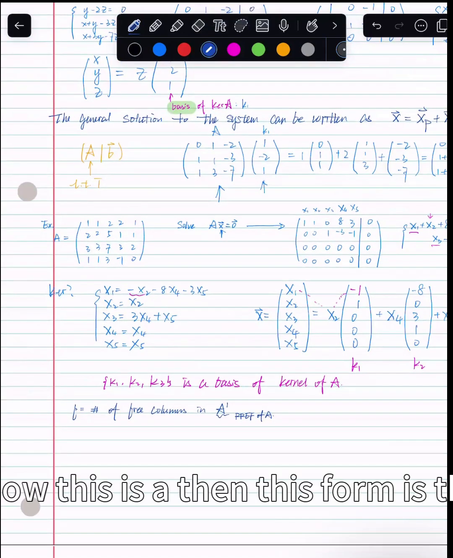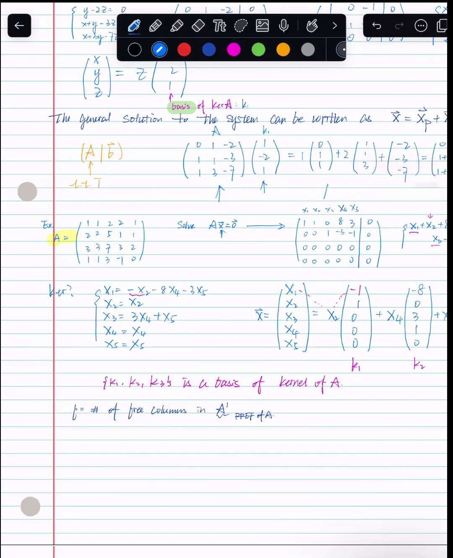So if we know this is A, then this form is the A prime.